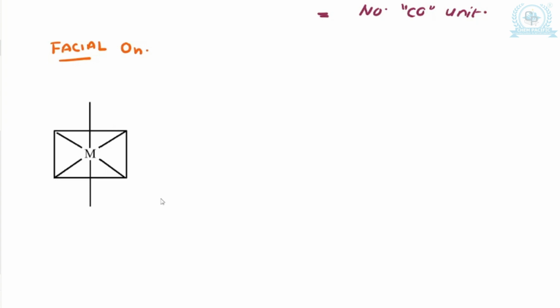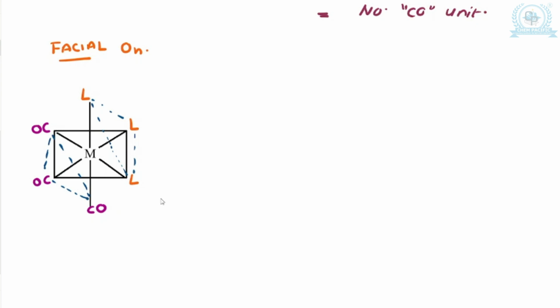So how do we represent the facial octahedral? You see, the three ligands are all cis to each other, and the other three CO ligands are all cis to each other. You can imagine that if you join them with an imaginary line, you will find a triangle, and here also, if you draw an imaginary line, you will find a triangle.